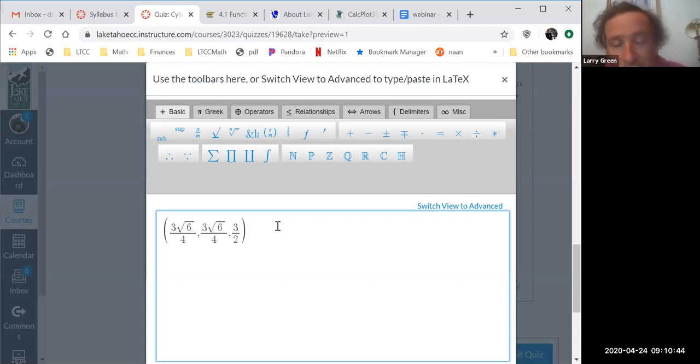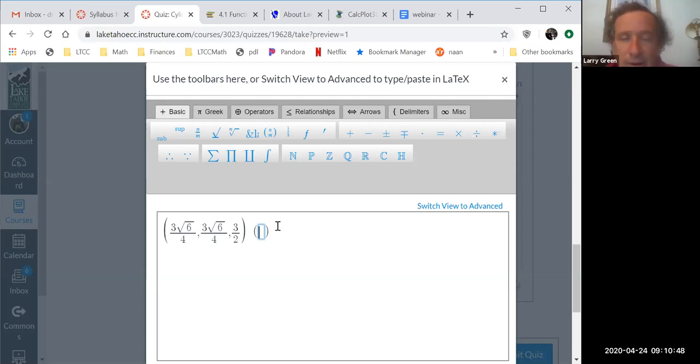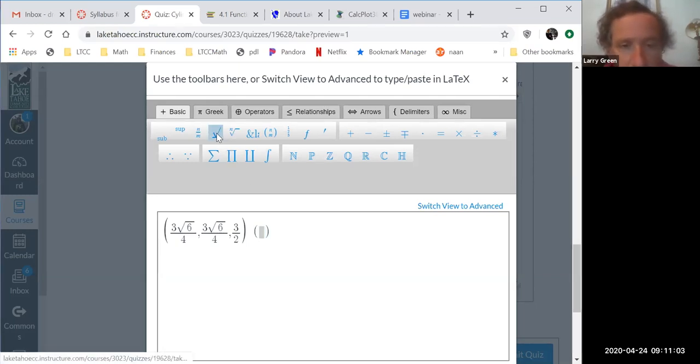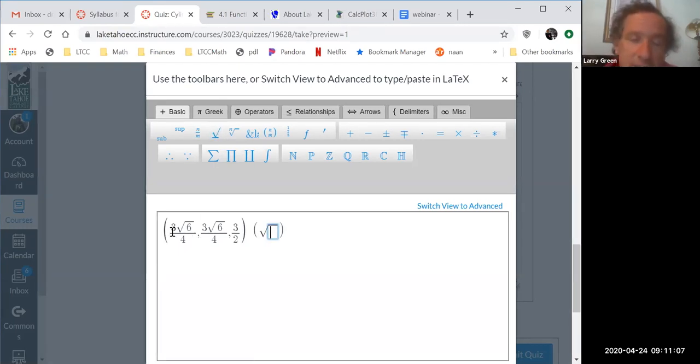Okay, so now let's figure out what our r, theta, and z are. We know z is just 3/2. r is going to be the square root of x squared plus y squared. Any questions on that? Okay, so x squared is just going to be 9 times 6 over 16.